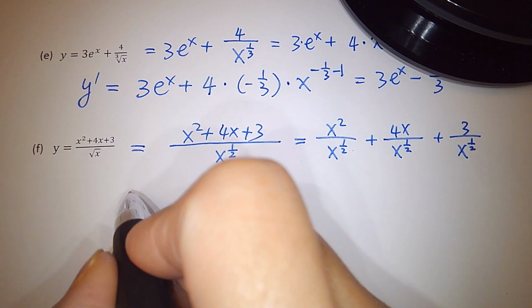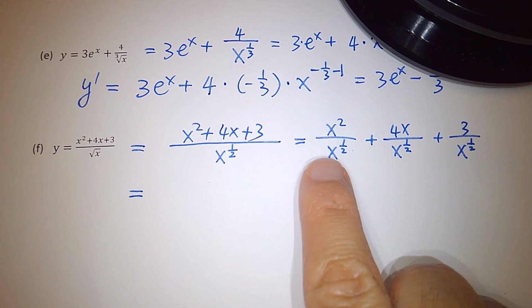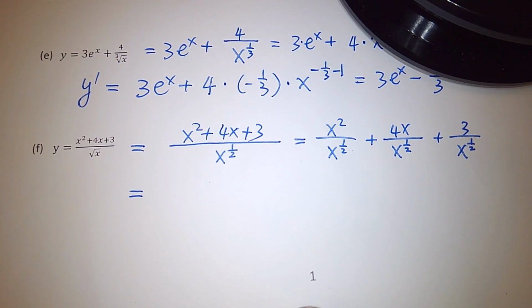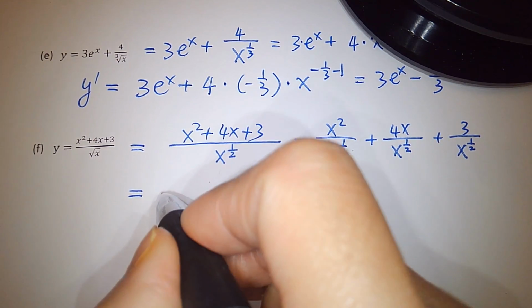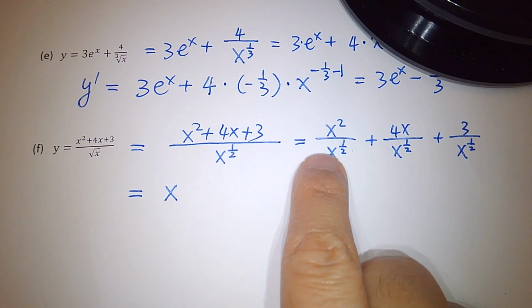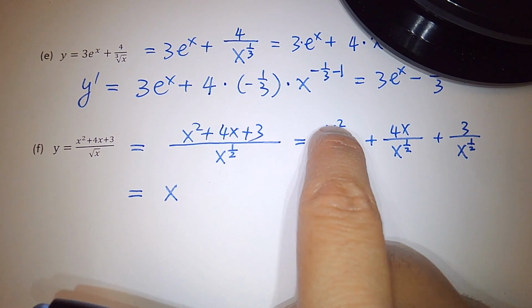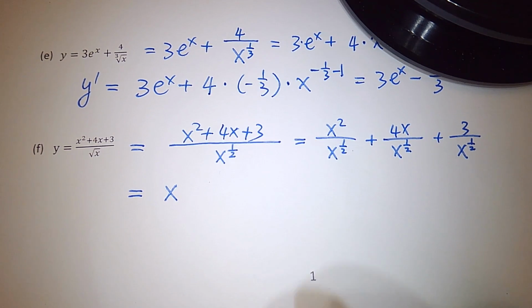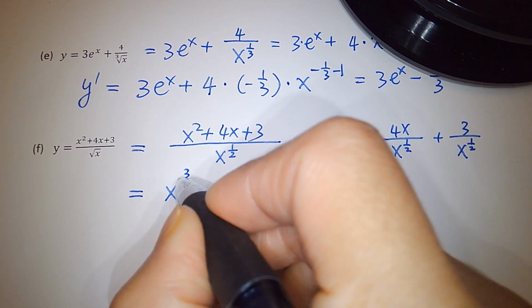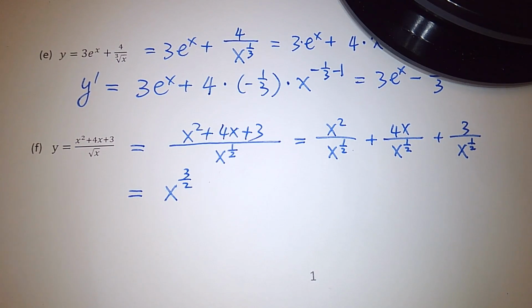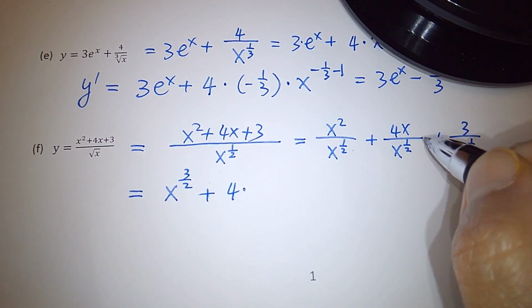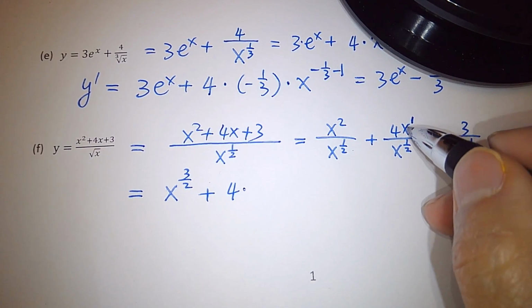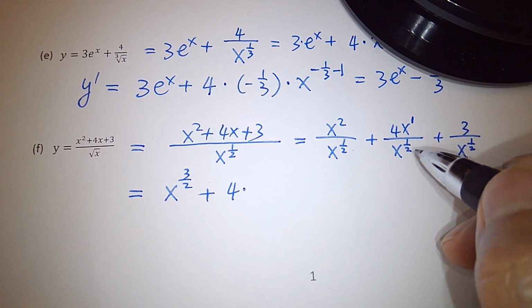Okay, so x squared over x to the 1/2. Do you know how to do the exponential rule? Keep the same base x, do subtraction, right? So 2 minus 1/2 is what? 3/2, plus 4 times, this is x to the first power divided by x to the 1/2.